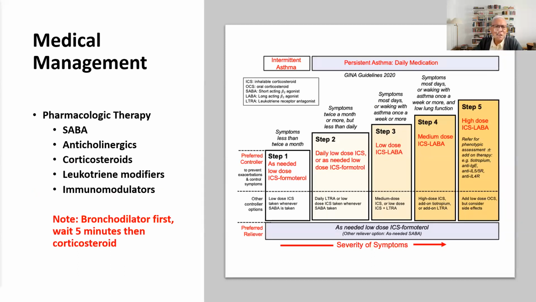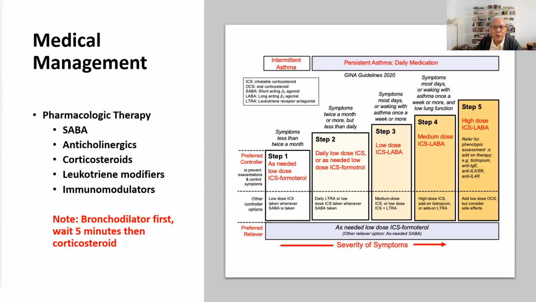Let's discuss the medical management of patients with asthma. The pharmacological treatment starts with short-acting beta agonists. We refer to this as SABA, which stands for short-acting beta-2 adrenergic agonists.